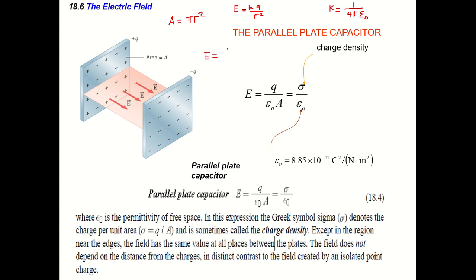That would be 1 over 4 pi epsilon, then multiplied by, because we have separated this one, right? We separated this one. So times Q, this is Q plus, divided by R squared.